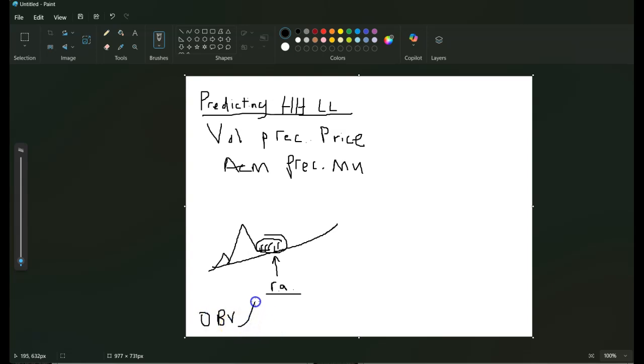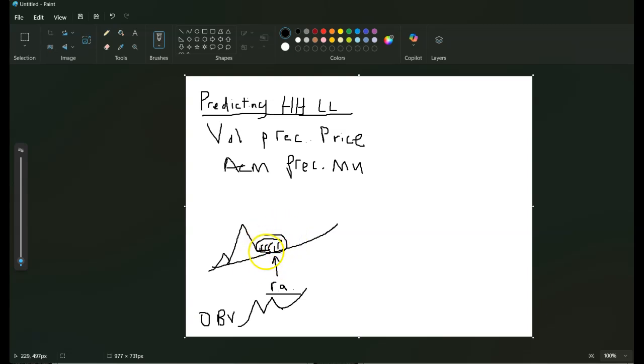In this area where you have reaccumulation, OBV will be summing up the volumes here, even though price is in a range, because it's green, then red, and green, and it's summing up their volumes, it's going to break out.